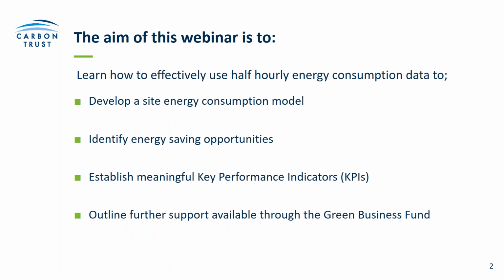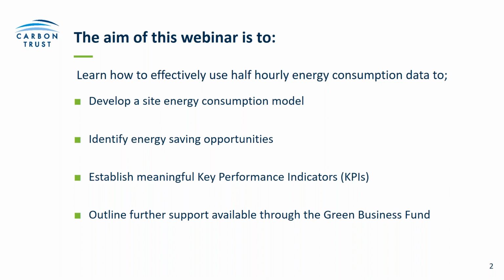So our aim is hopefully to show you how to use the data that you have to help to develop your own site energy consumption model, so that you should have a good idea of what you should be consuming and compare that against what you are. Using the techniques then to help you to identify where saving opportunities are.